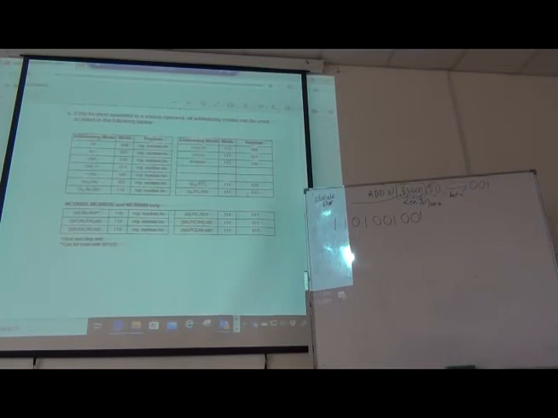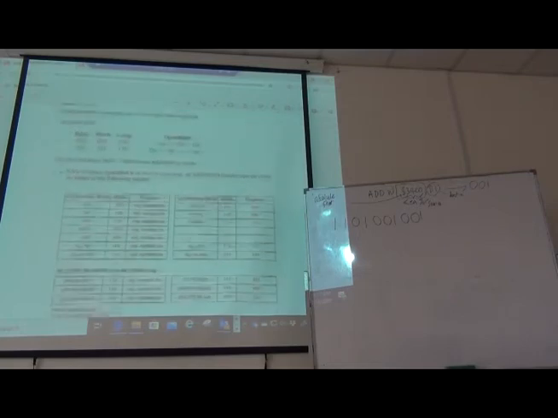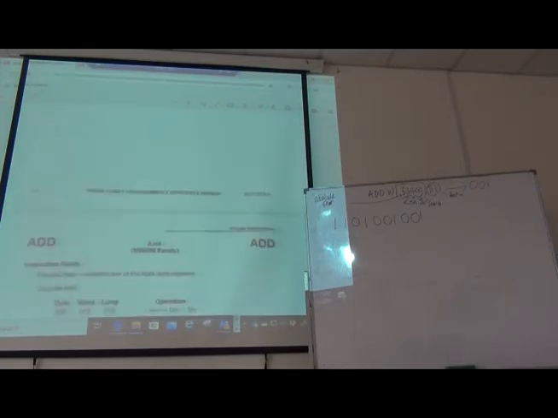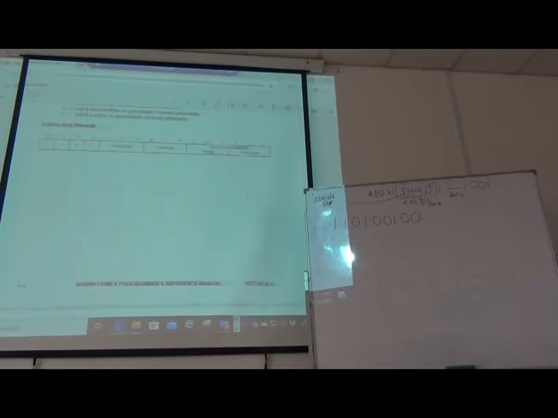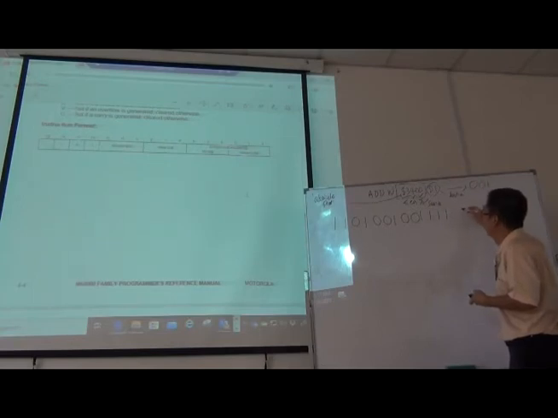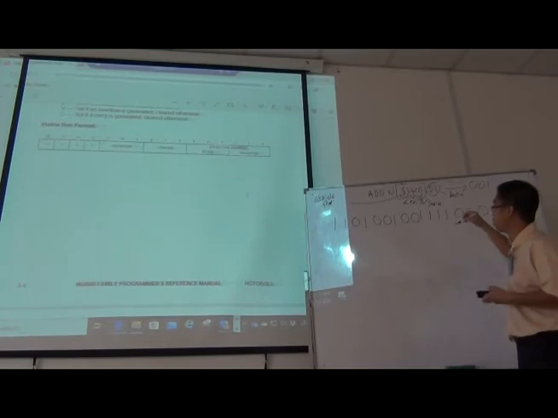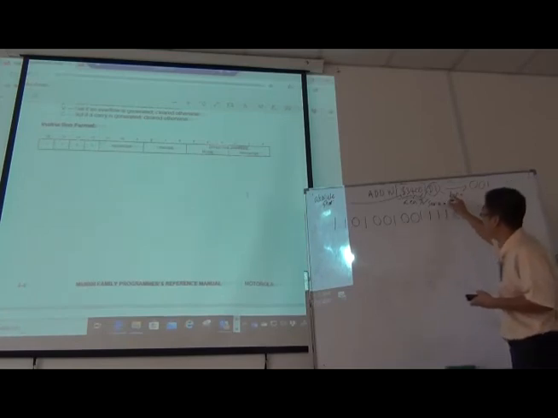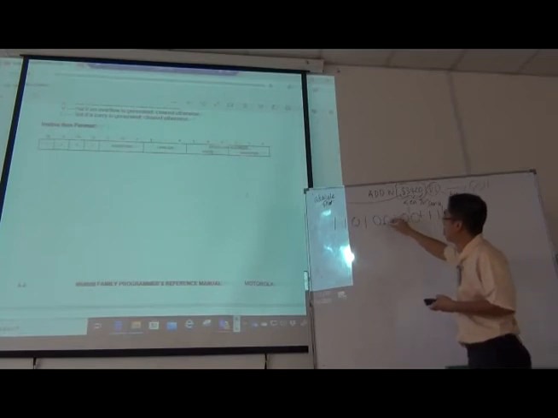So back to the instruction format again. The mode is 111 and the register is 000. What you need to do is divide it into 4 sections: 1, 2, 3, 4.